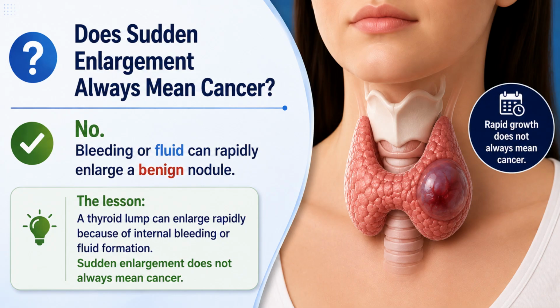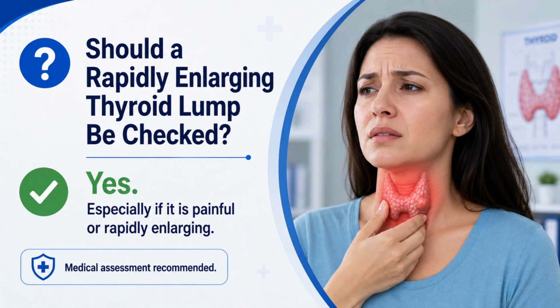The lesson is important. A thyroid lump can enlarge rapidly because of internal bleeding or fluid formation. Sudden enlargement does not always mean cancer. However, a painful or rapidly enlarging thyroid lump should still be medically assessed. Some nodules become almost completely filled with fluid.